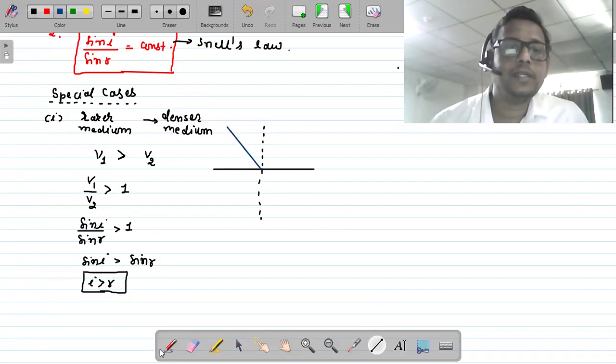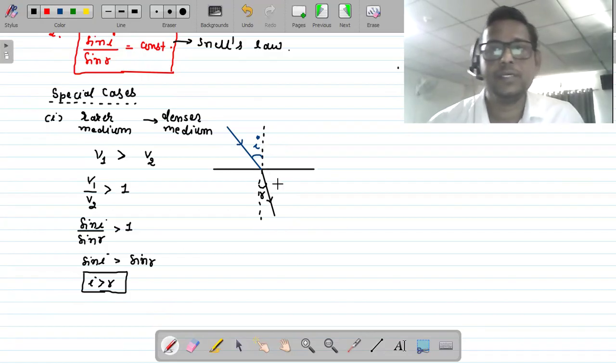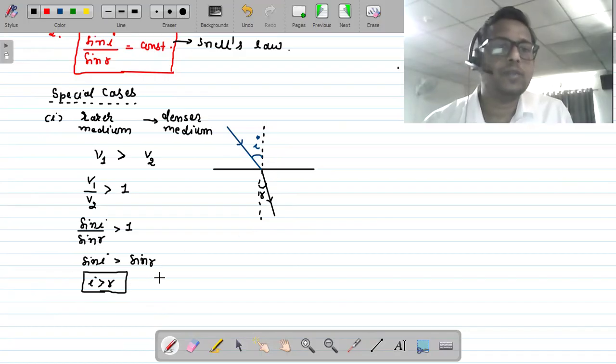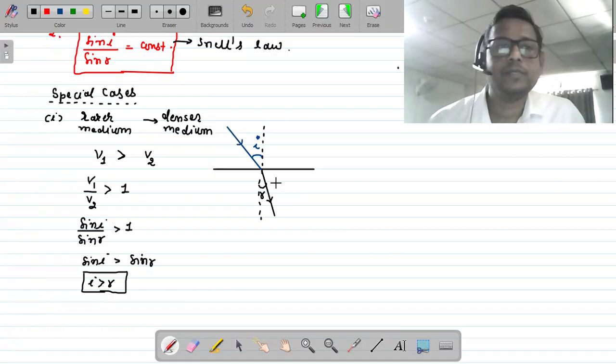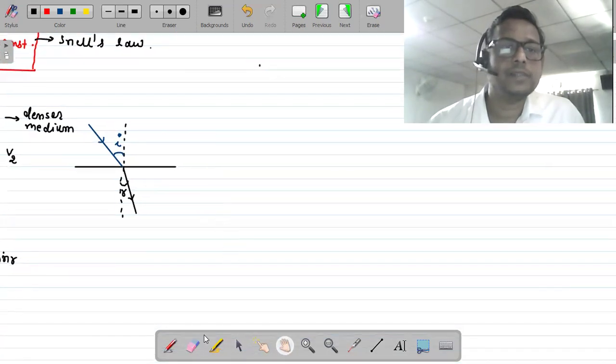This incident ray is making an angle I. Now, in this case I is larger than R, so the light ray bends like this towards the normal. Because it bends towards the normal, you can see here that the angle I is more than R. So when the light ray is traveling from rarer medium to denser medium, it bends towards the normal.